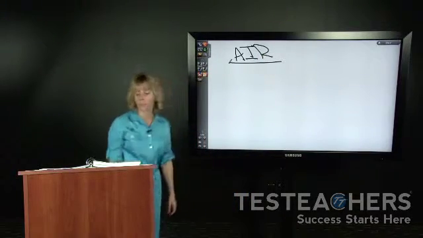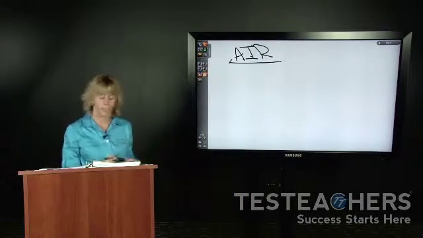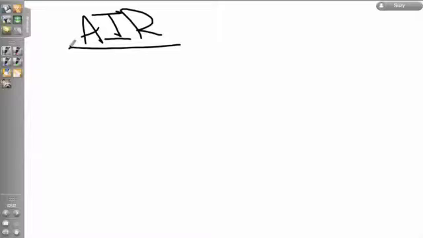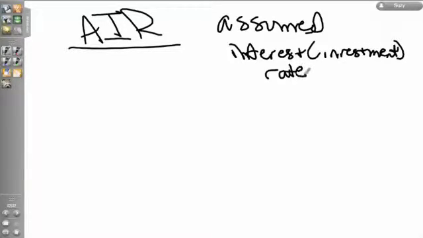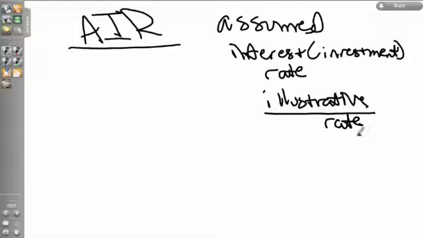AIR stands for Assumed Interest Rate, also known as the Assumed Investment Rate. It is an illustrative rate used to show the future growth potential of the contract. It's not going to be set at 15%, it's going to be set somewhat conservatively.